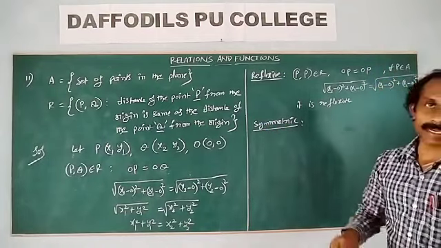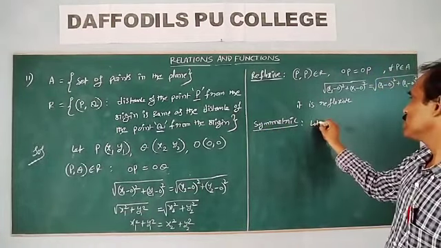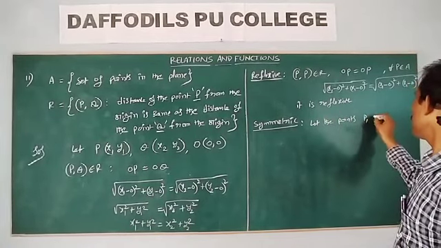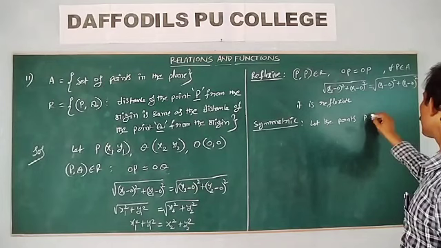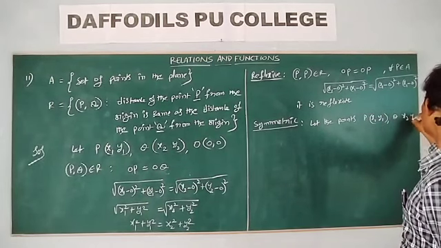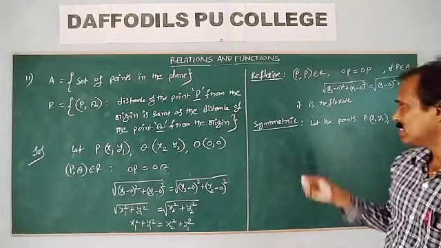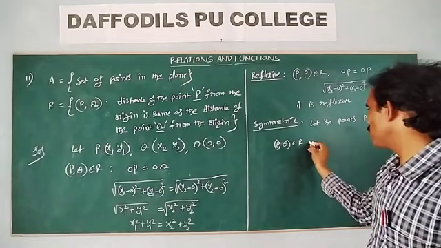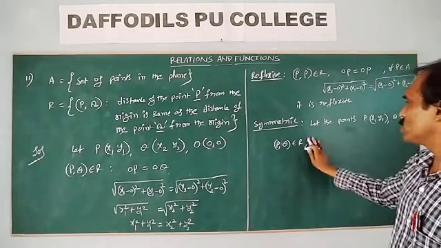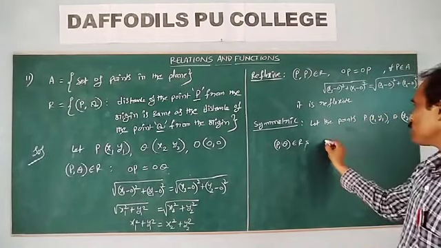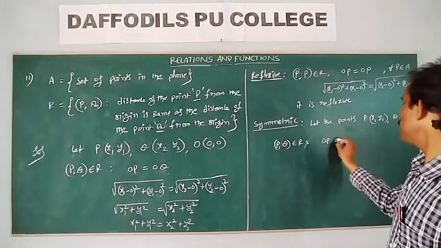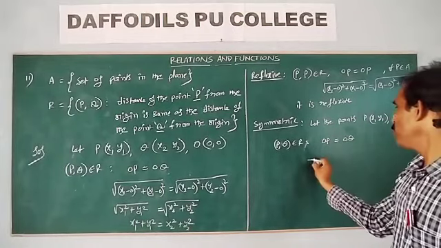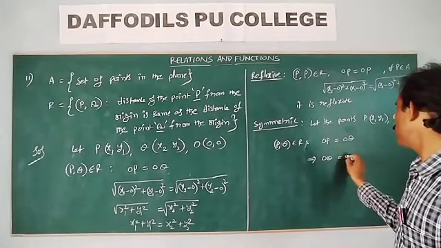Okay, symmetry. Let the points be P (x1, y1) and Q (x2, y2). (P, Q) belongs to R such that OP is equal to OQ, which implies that OQ is equal to OP.